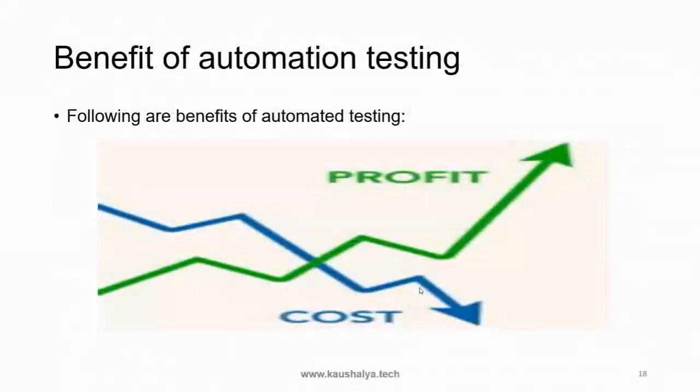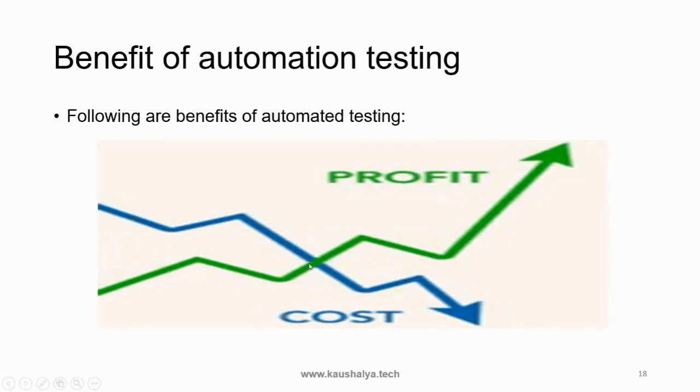Whatever you do manually, you can also do the same with the automation tools. And when you start automation from the company or project perspective, for project managers, initially the cost would be high once we start, and the profit would be less. But as we implement this in multiple projects, you will get a break even.